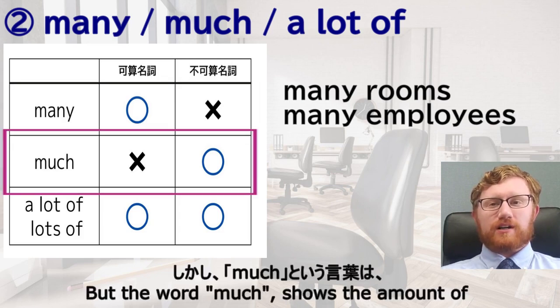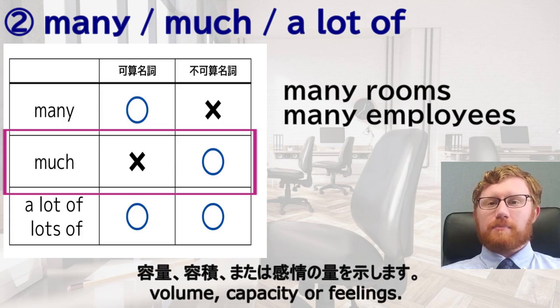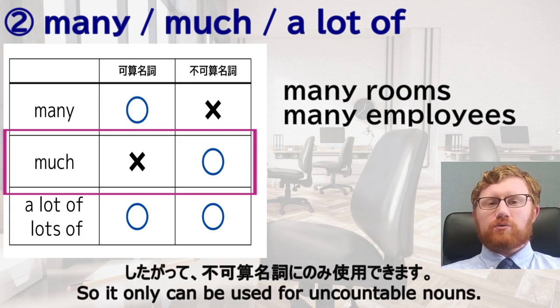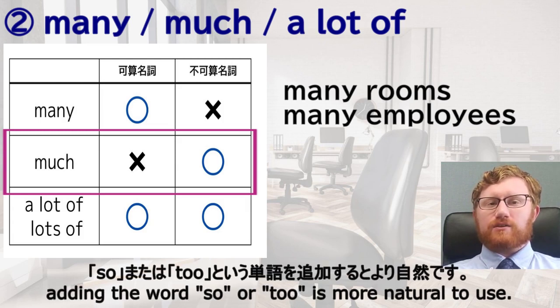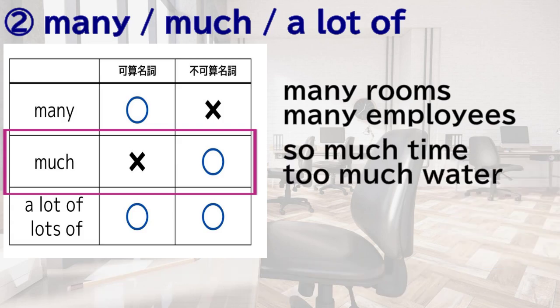But the word much shows the amount of volume, capacity, or feelings, so it can only be used for uncountable nouns. When you use much in an affirmative sentence, adding the word so or too is more natural. So much time, too much water.